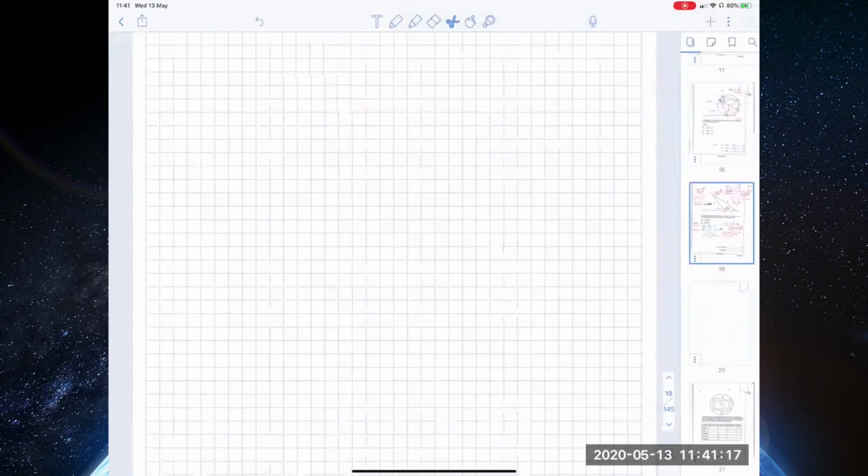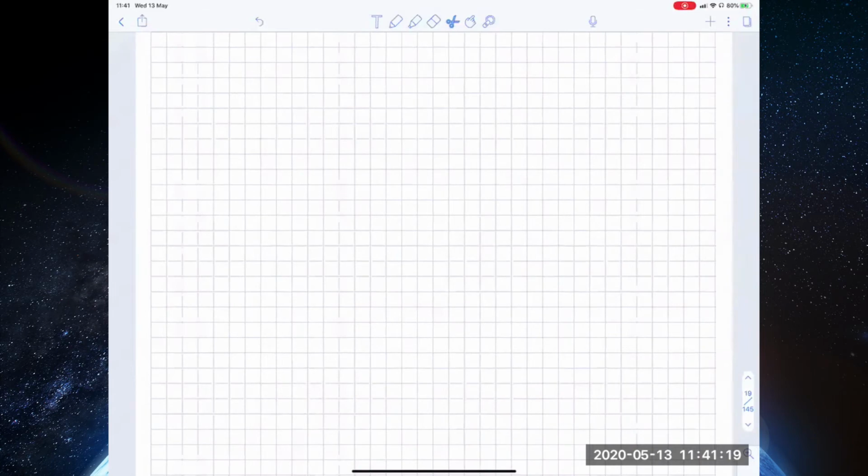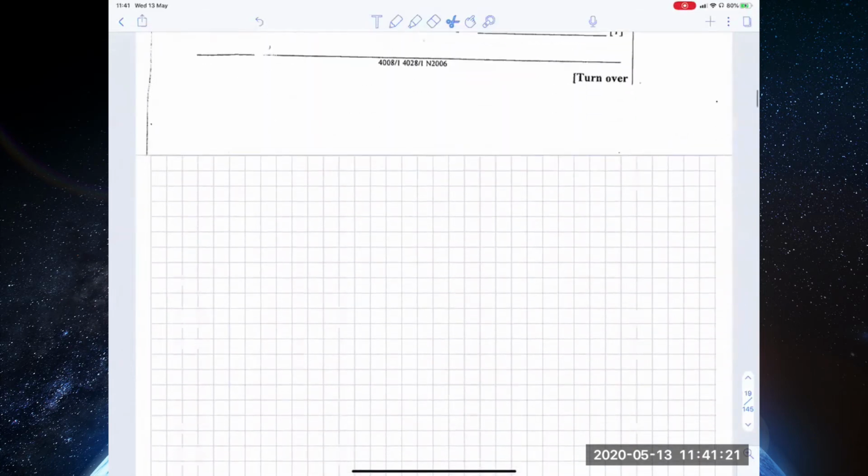Okay, then I'm going to paste it here. There we are. So what do we do next? How do we make cos PQS the subject of the formula?